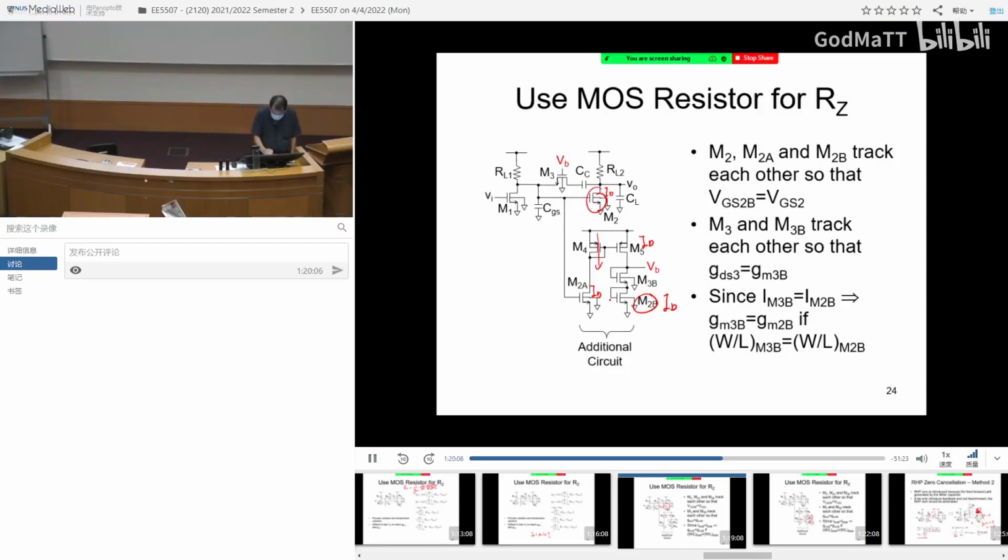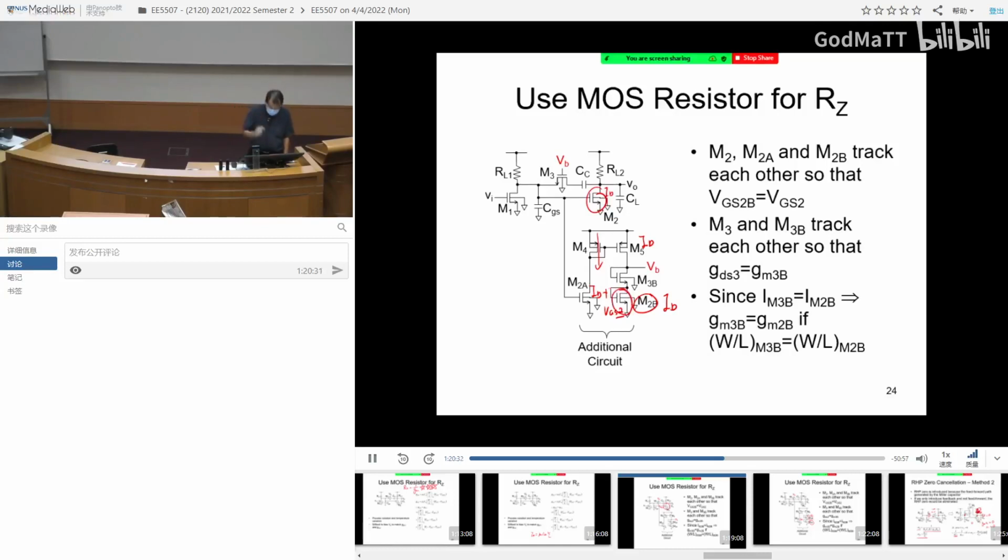Now, if they are the same, that means this voltage is also VGS2. Right? Because the same current goes through the same transistor. So if the transistor has this amount of current, it has to have this amount of VGS. So by doing this, although they are not the same circuit, I seem to replicate the biasing condition. So I establish the VGS2 over here.